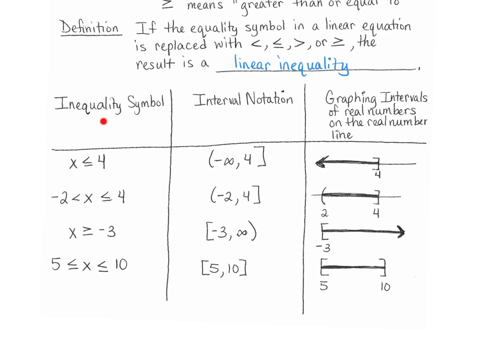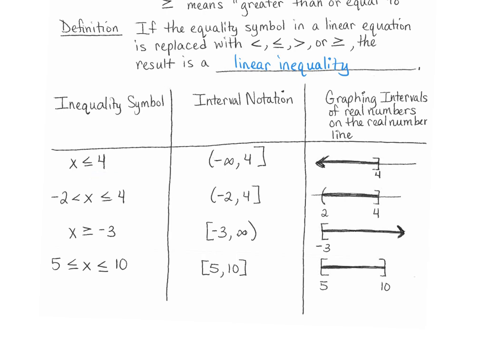If you are given an inequality symbol with a variable and a number, written in these ways, then you need to understand what this means in interval notation, and how to graph an interval of real numbers on a real number line. So you need to know the graphical representation, the interval notation, and what the linear inequality looks like.